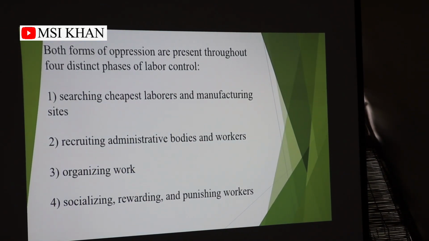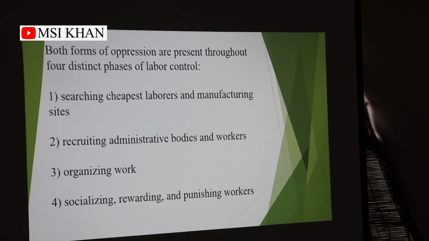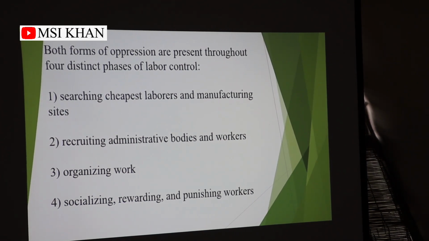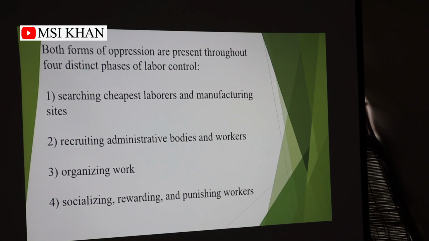So for me, these two types of operation exist in 4 phases of labor control. I'm going very first: searching for the cheapest labor force and manufacturing sites, then recruiting administrative bodies and workers, and organizing work, and socializing, reordering. These 4 phases in total, combined, control workers at these 4 different phases.